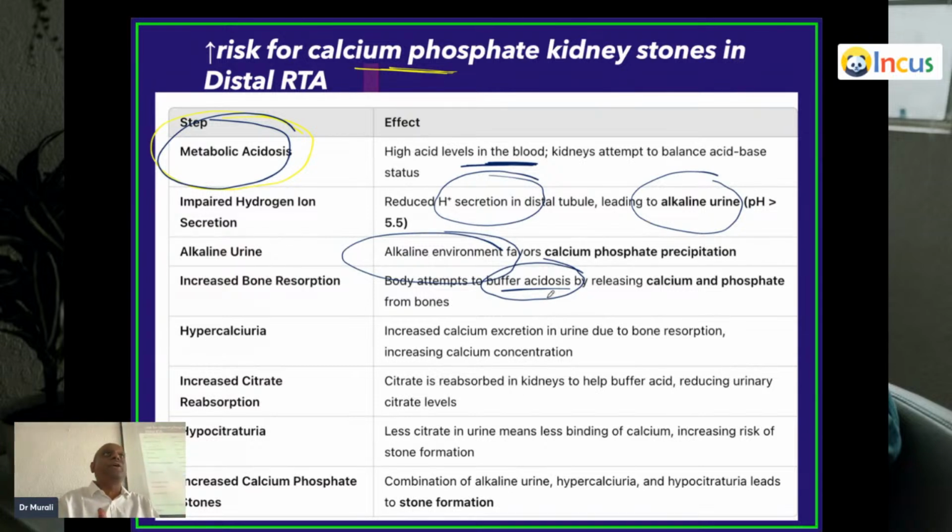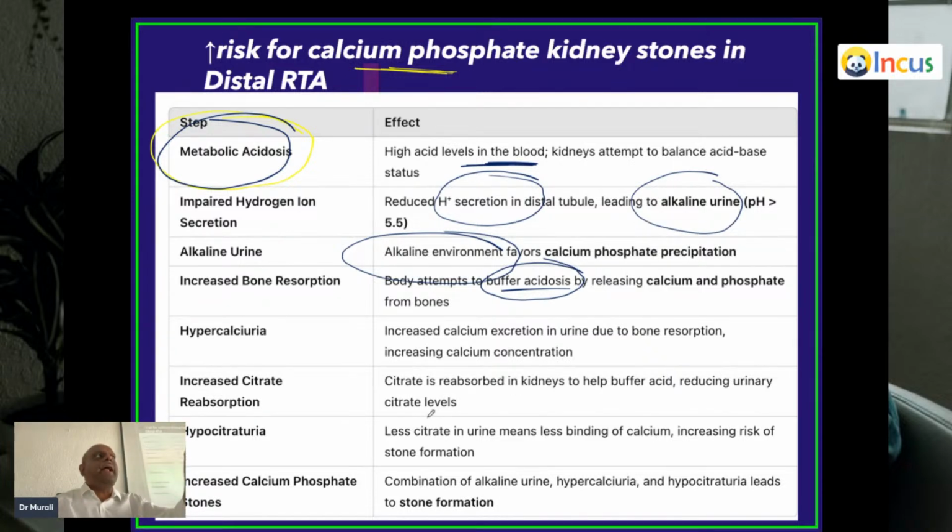Understand? Who released calcium and phosphate? The bone. Why did the bone release them? To buffer the acid. Why is there acidosis? Because of impaired H plus secretion by the collecting duct. Clear? Now, there is another important point we need to know about distal renal tubular acidosis.